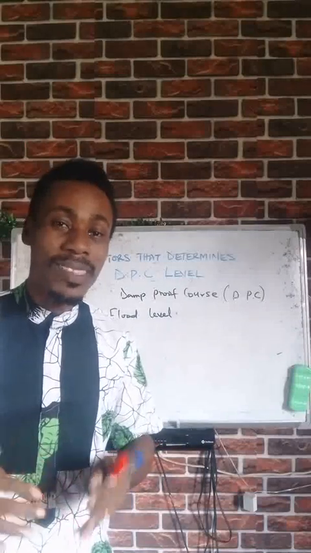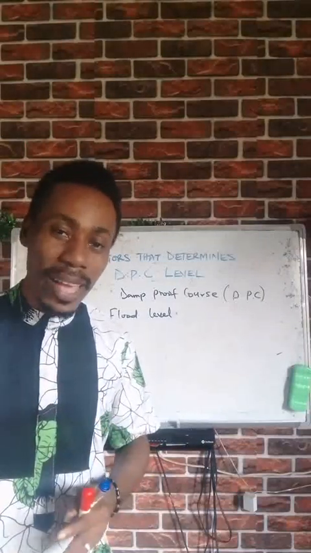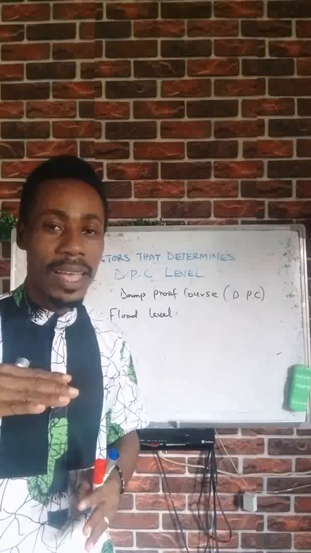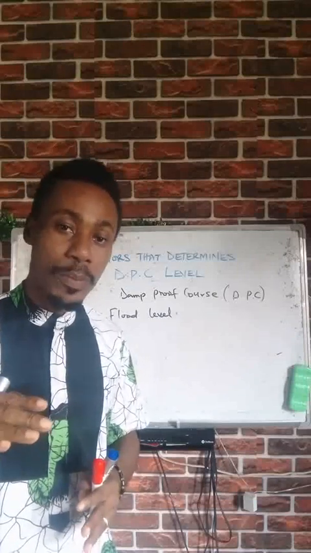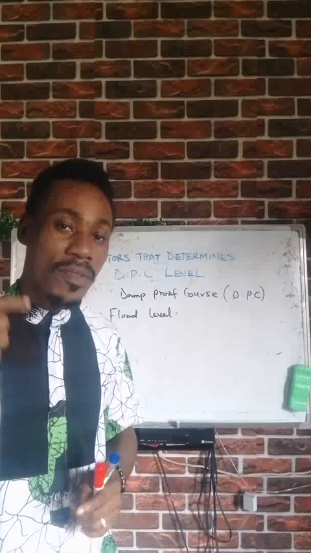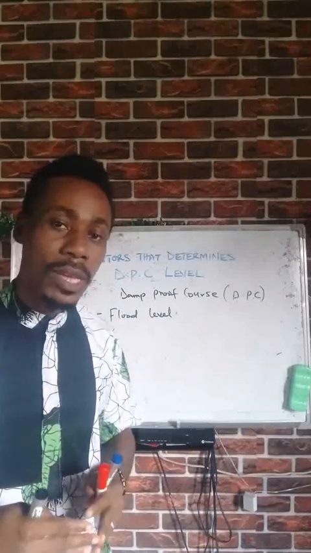This is because the water level has exceeded the height of that DPC. That is why the water finds its way into the building.